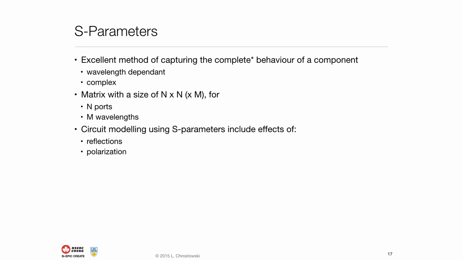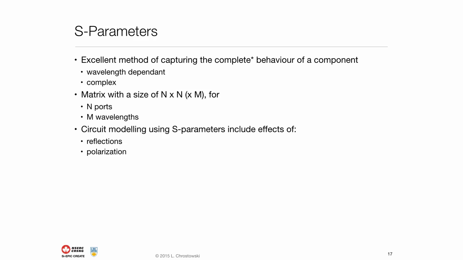They can also be used to describe optical devices with experiments conducted using an optical network analyzer, or ONA. In both cases, measurements are performed over a range of frequencies or wavelengths. The S parameters are complex numbers, meaning they include an amplitude response and a phase response.